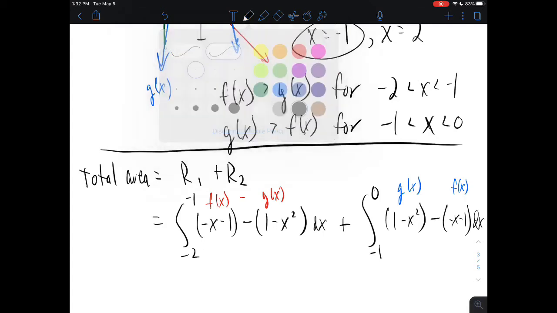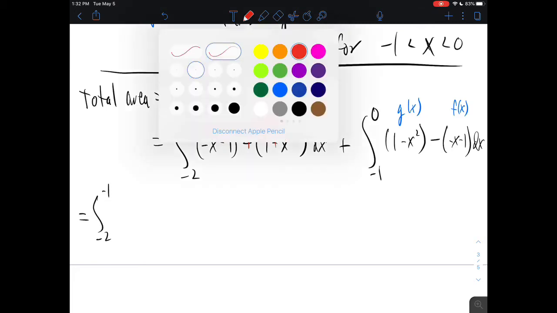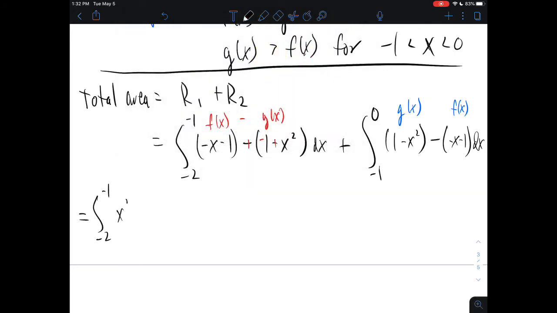So simplifying the integrand in the first integral for region 1, I have from negative 2 to negative 1, and then I have negative x minus 1 plus another negative 1, but then plus x squared. So this leaves me with x squared minus x minus 2 dx.